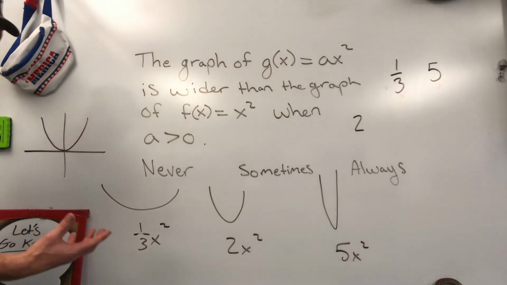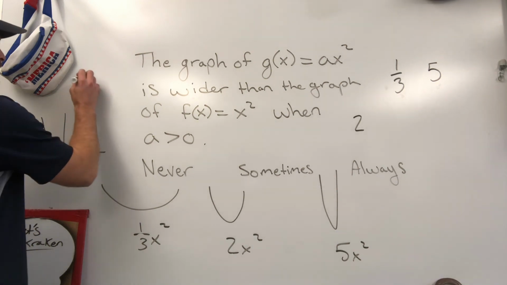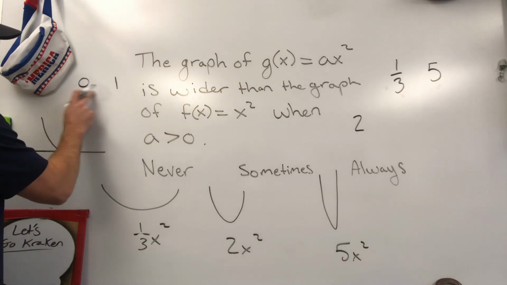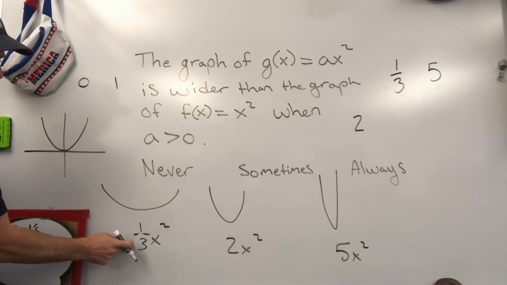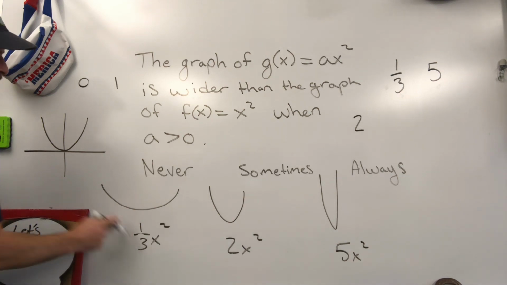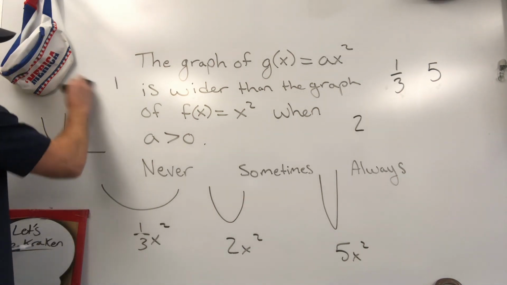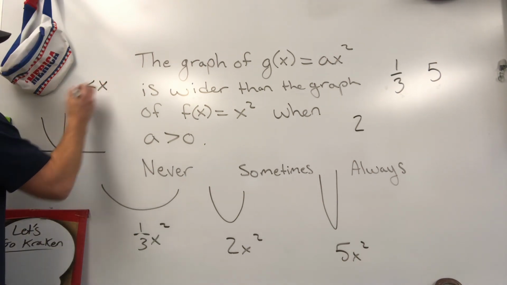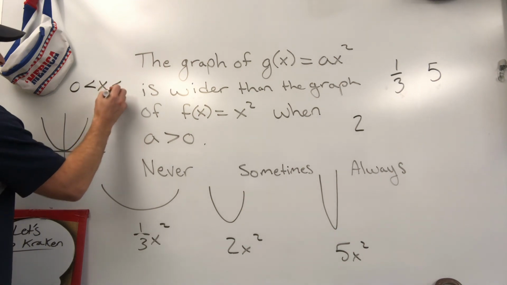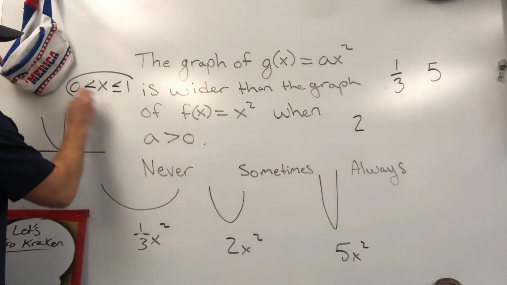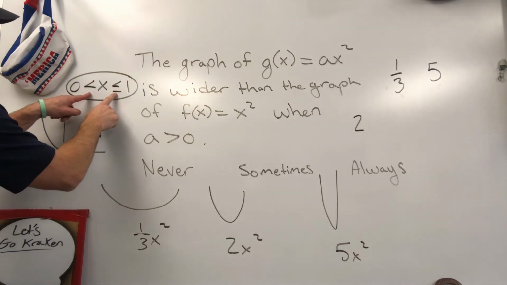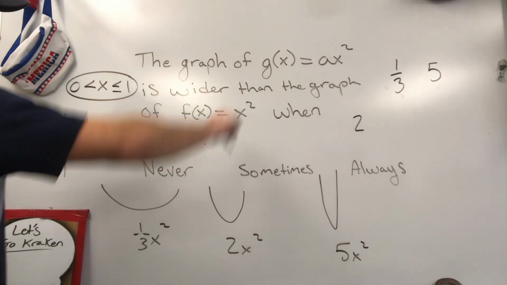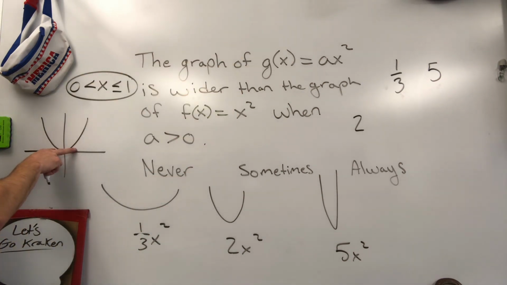So the rule of thumb is this: numbers between 0 and 1, okay? Any values between 0 and 1, such as 1/3, okay? Let's write it as an inequality for you. Let's just do it the right way. Okay, if a is greater than 0, but less than or equal to 1, any number that falls into that category, that's going to make a wider parabola than our parent function.